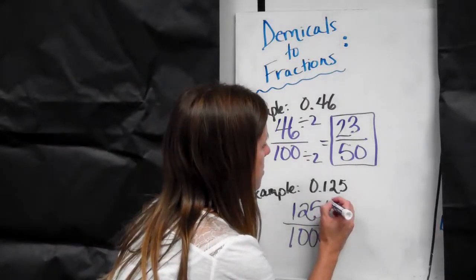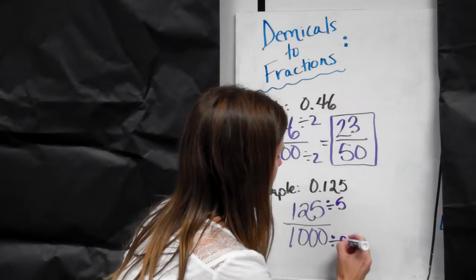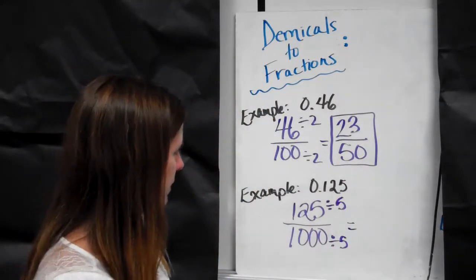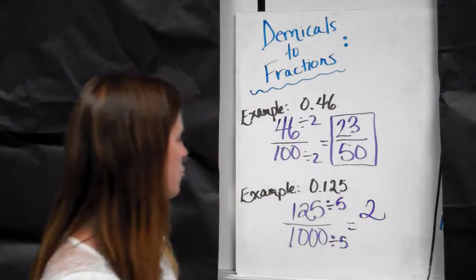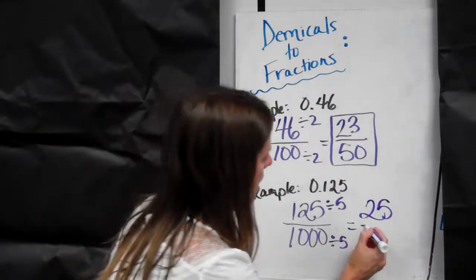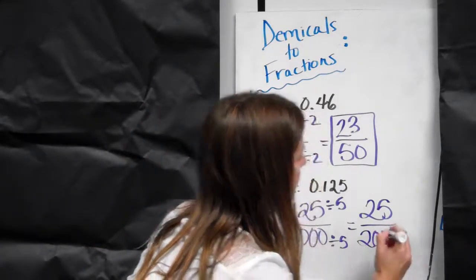So I'm going to do 125 divided by 5 and 1,000 divided by 5. 125 divided by 5 would be 25. And then 1,000 divided by 5 would be 200.